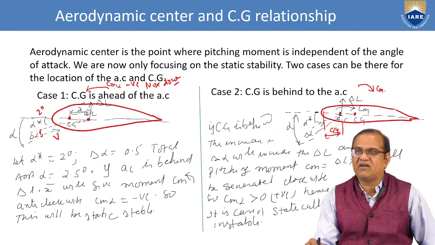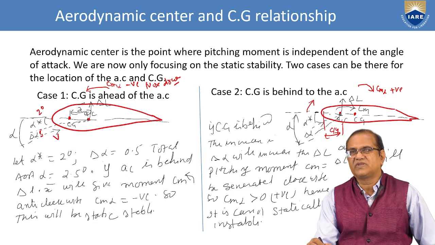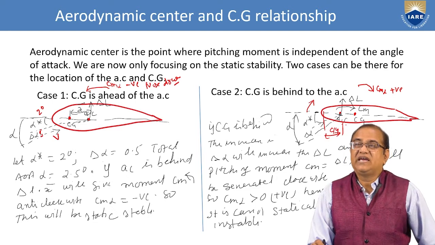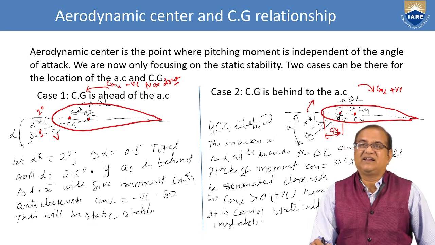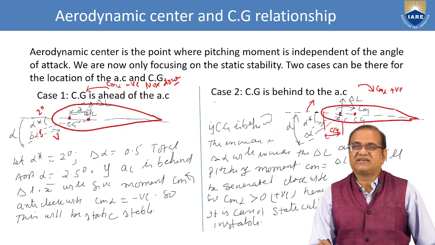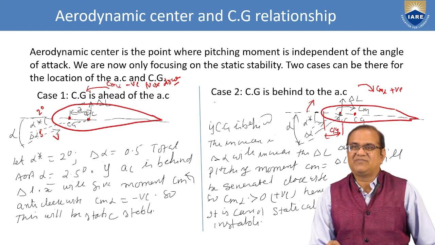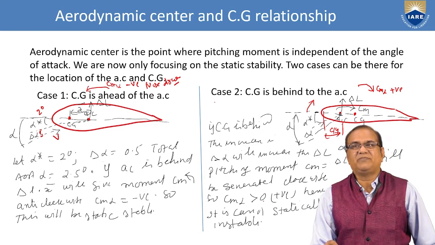That is called Cm alpha positive. The nose will go up. So in this case, the aircraft is statically unstable, as Cm alpha is greater than 0, or positive.